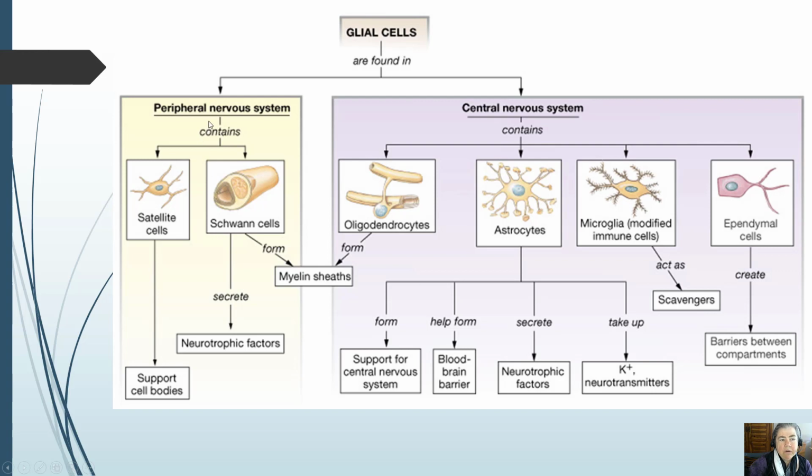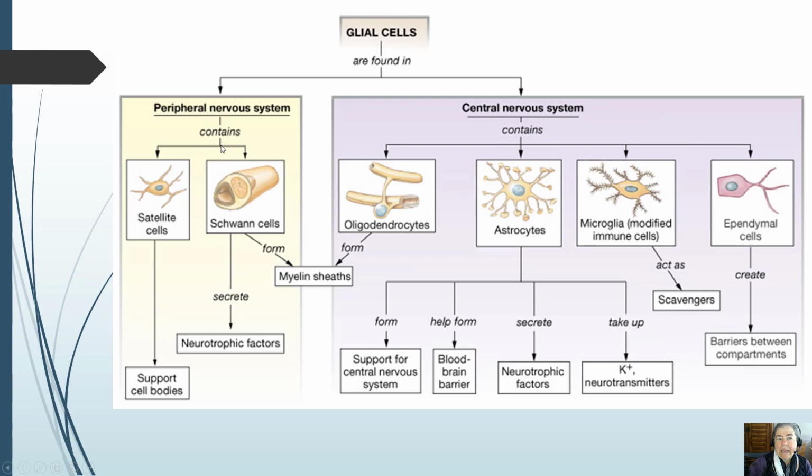So here in the peripheral nervous system, we have Schwann cells acting to make the myelin sheath, and something called satellite cells that basically are in close proximity to the neurons in the peripheral nervous system, for instance, in the dorsal nerve root, where the primary somatosensory cells are, and they help to support the cell bodies.